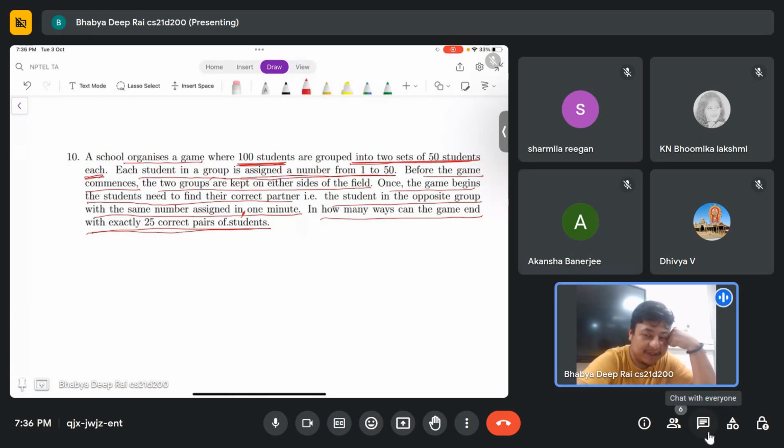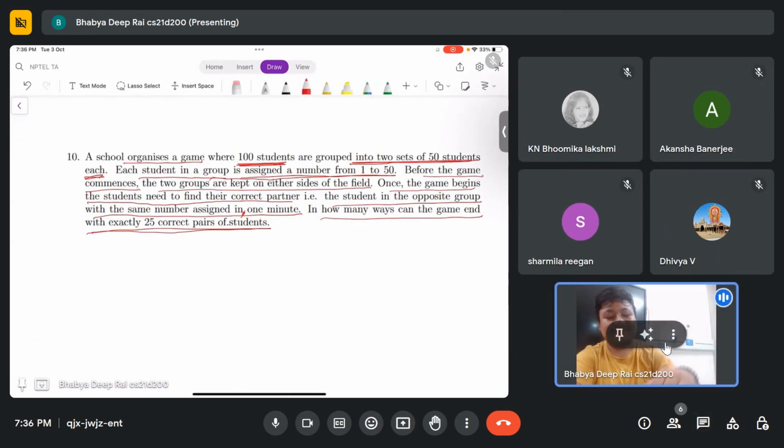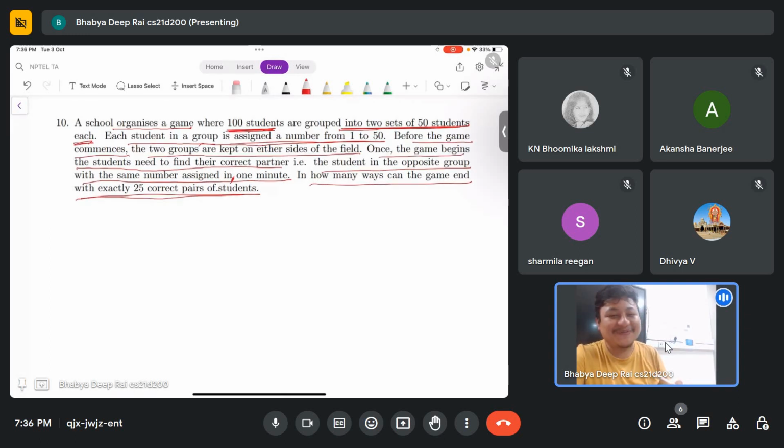Oh, okay, I think I am wrong. Sorry, we are talking about pairs, right? Yeah, that's right, Akanksha. Incorrect pair, exactly. But since we are talking about pairs of students, it will be equal on both sides.